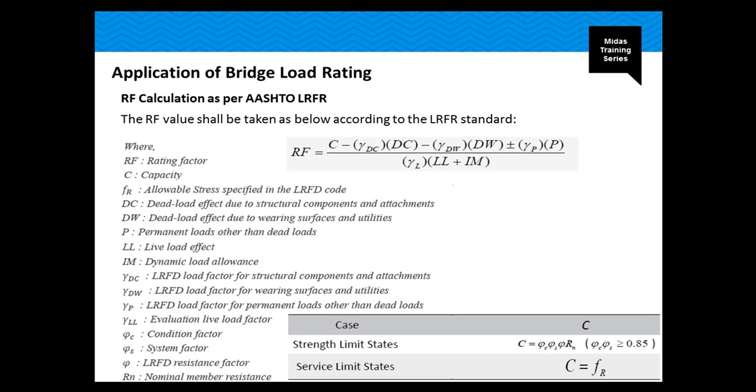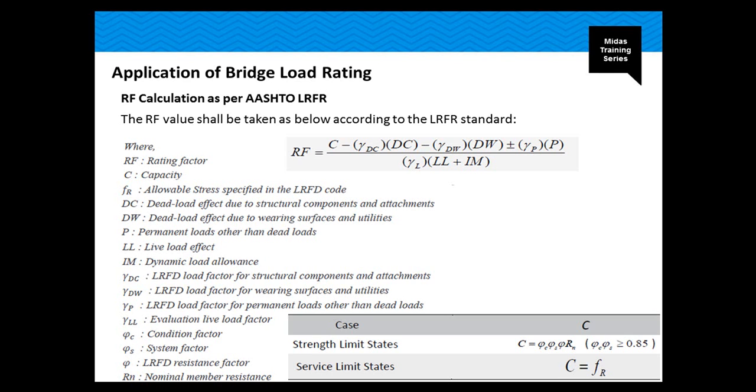It is based on the capacity of the bridge in the strength limit state and service limit state. It also depends on the different types of loads applied, as well as the load factors for the structural component, the wearing surface, the permanent loads, the evaluation of the live loads, the condition factor, and the system factors.